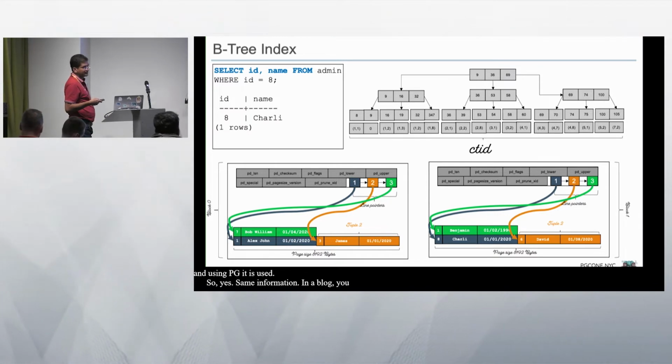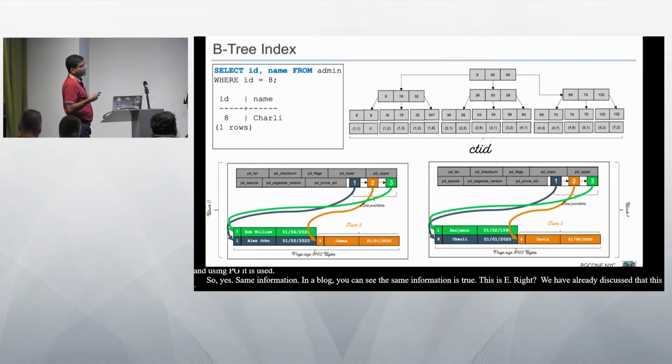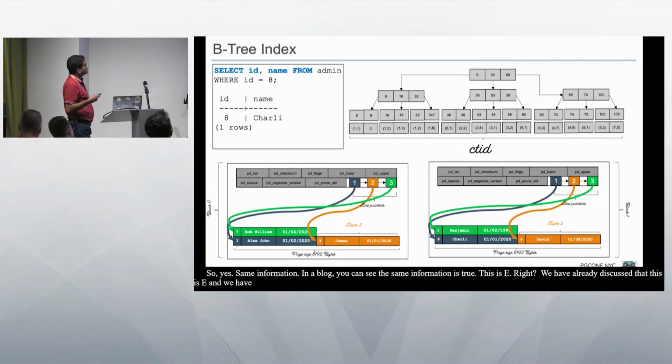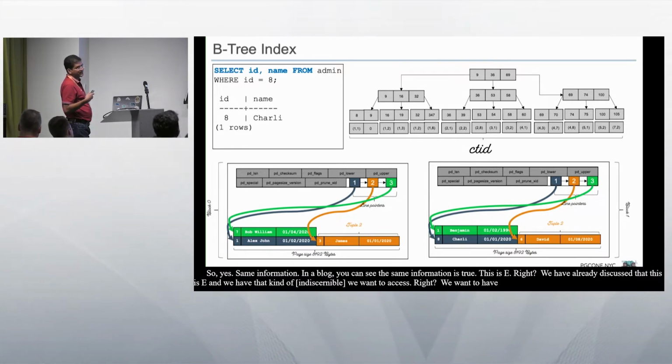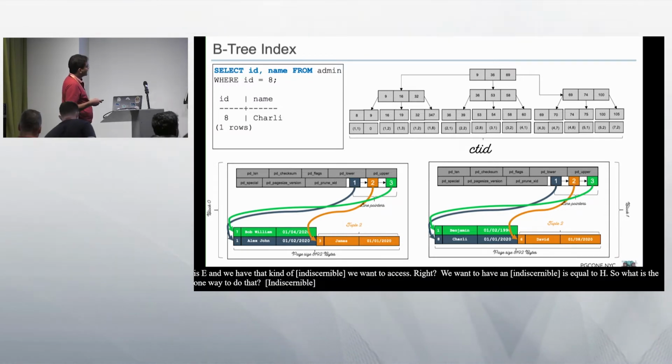This is the heap. We have already discussed that. And we have the kind of information we want to access: we want ID equal to 8. So what's one way to do that? One way is to go to block number 0 and compare: ID is equal to 8, no. ID is equal to 8, no. ID is equal to 8, no. ID is equal to 8, yes.